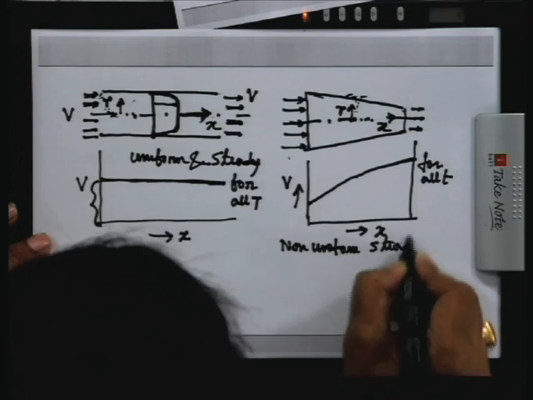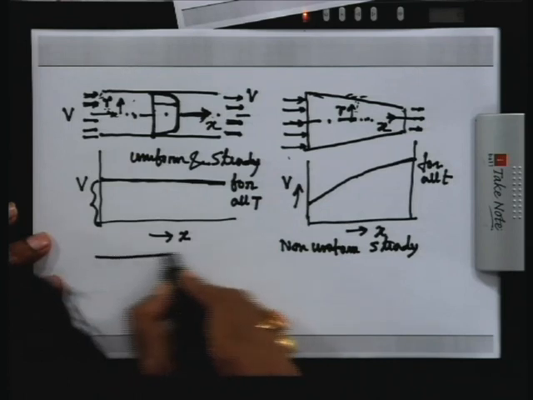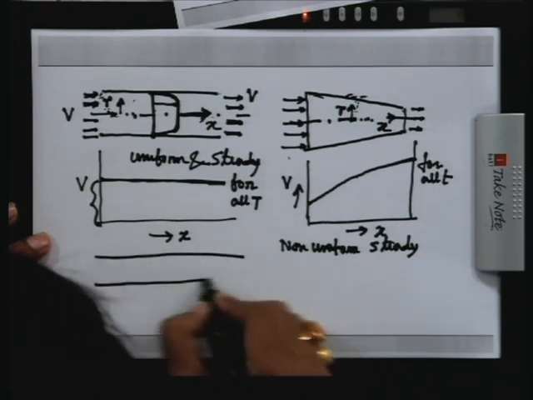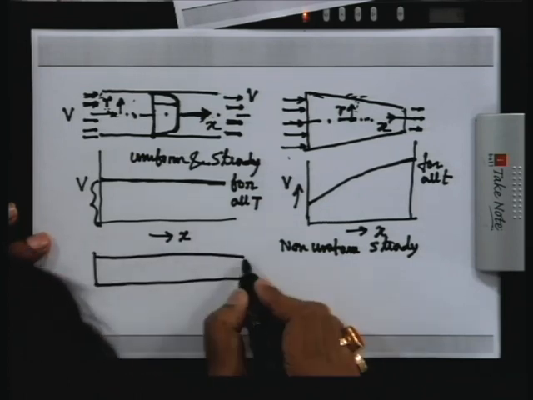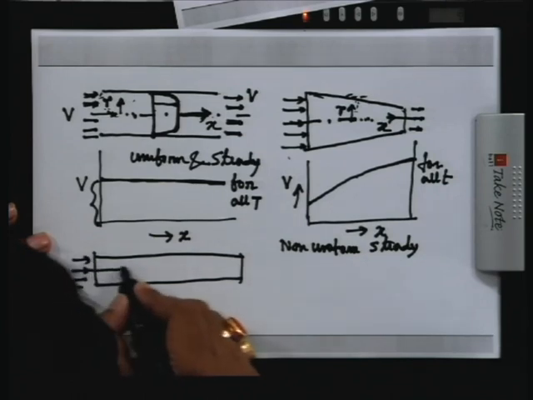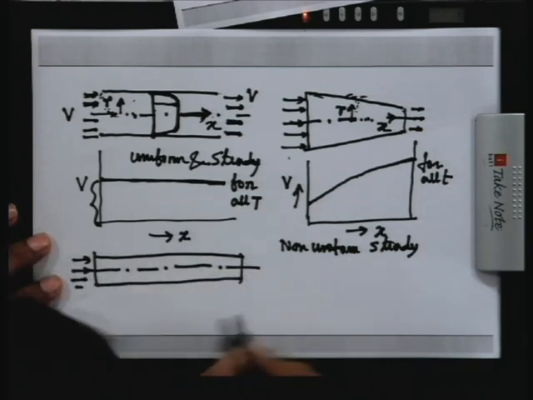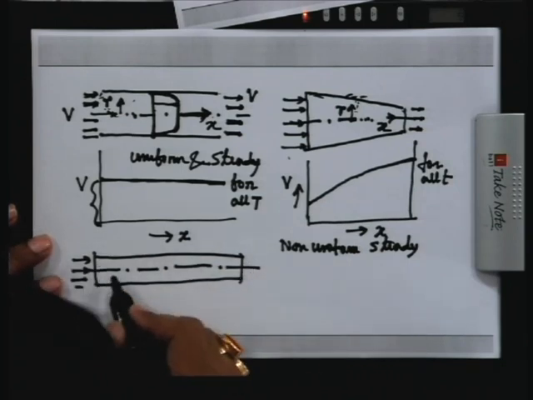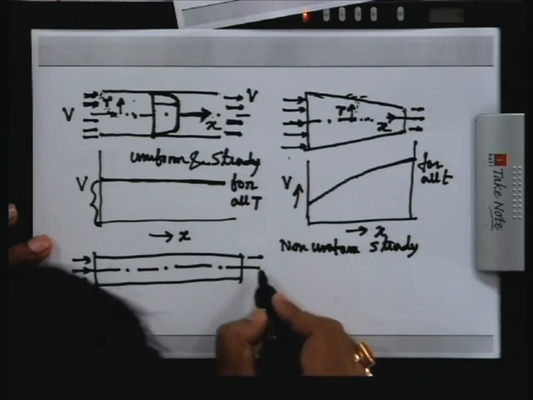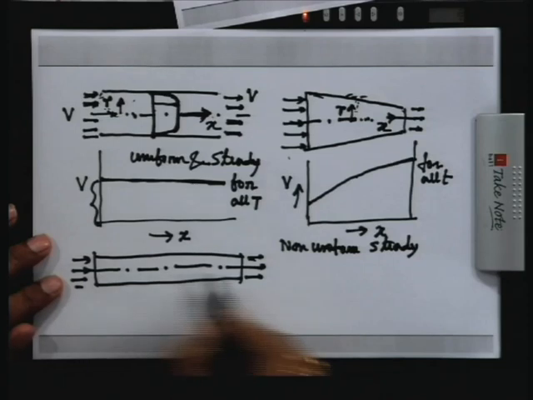This is an example. Another example I give you, the same thing here in the pipe with the same diameter, I have drawn it smaller because the space is not there, but with a variation of the inlet velocity and outlet velocity.